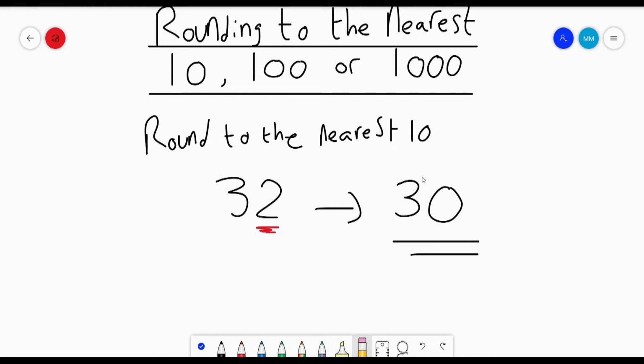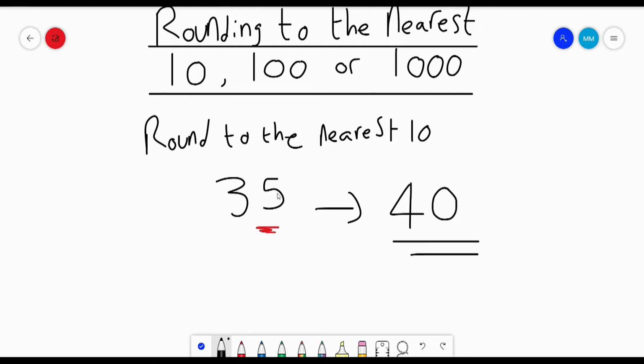If, however, the question was, well, it's 35, round that to the nearest 10. Well, the 3 is the tens column. We look one to the right, 5. Is 5 or more? Well, it is 5 or more. So in this case, the 3 turns into a 4, and the 5 turns into a 0.